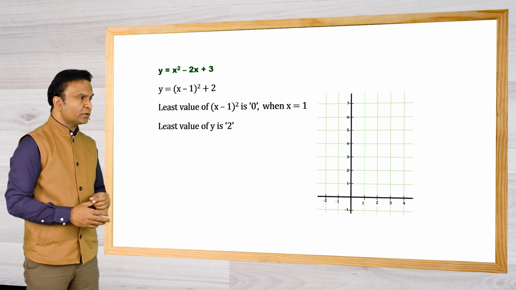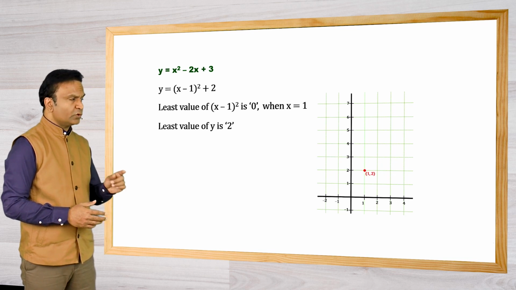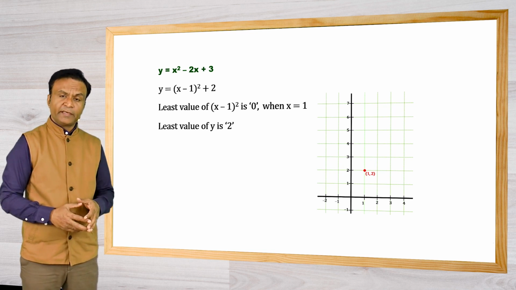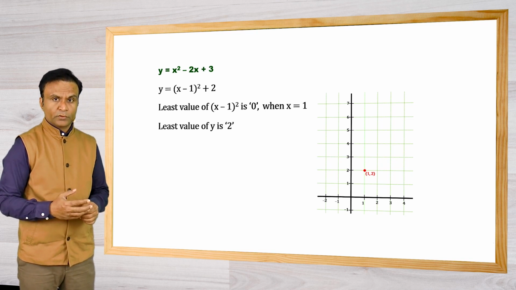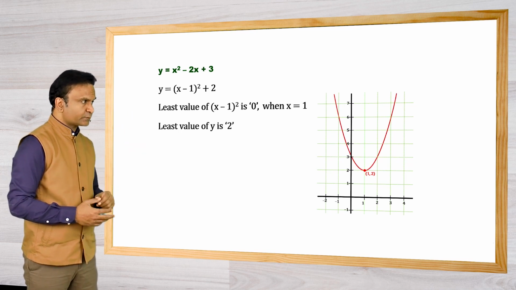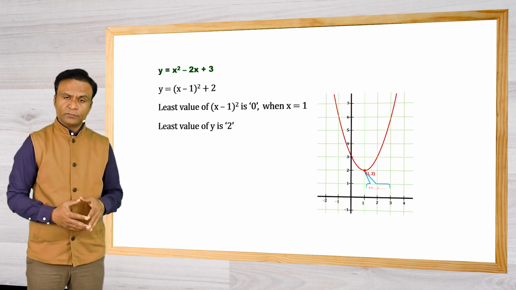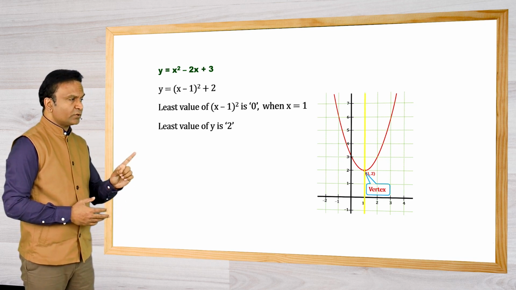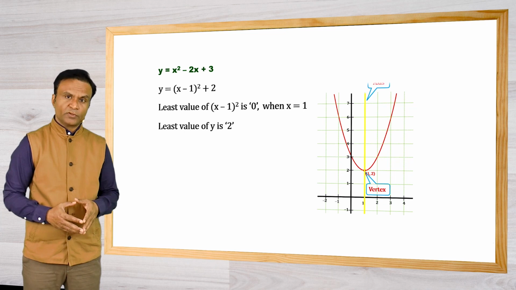So here we have a coordinate axis and we put the point (1, 2), which is the lowest point on the graph. Now if you take any value of x other than 1, the value of y will be more than 2. So now the graph moves upward from this point like this. Here (1, 2) is the vertex of the parabola. We can see that the graph is symmetrical about the line x = 1. So x = 1 is the axis of the parabola.